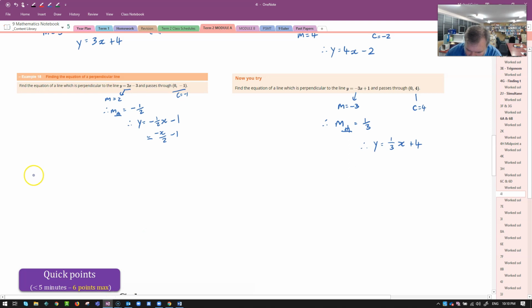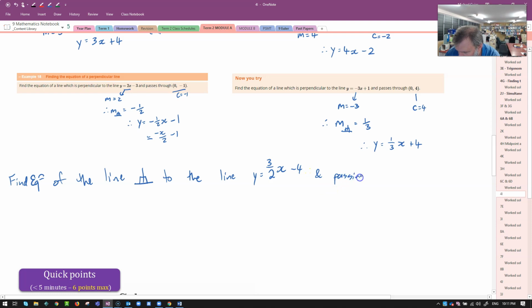Let's say I want to know the gradient, find the equation of a line. That's my little shorthand for equation of the line perpendicular to the line y equals 3 over 2x minus 4, and passing through 12, 6.